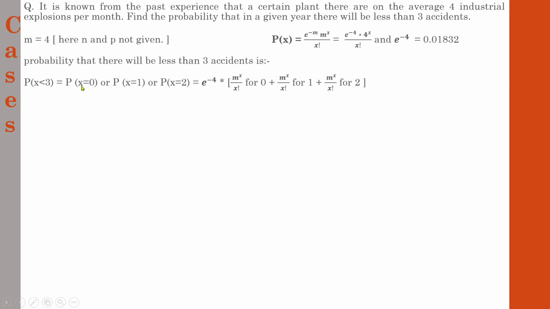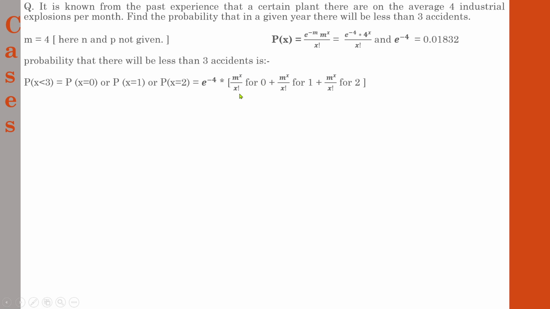Remember, even if it is x equal to 0 or x equal to whatever it is, e raised to minus m will be constant. It won't change. And we are multiplying that with m raised to x by the denominator. So let us bring that item, e raised to minus 4, out as a common factor. If you remove this, what are the remaining patterns? m raised to x divided by x factorial.